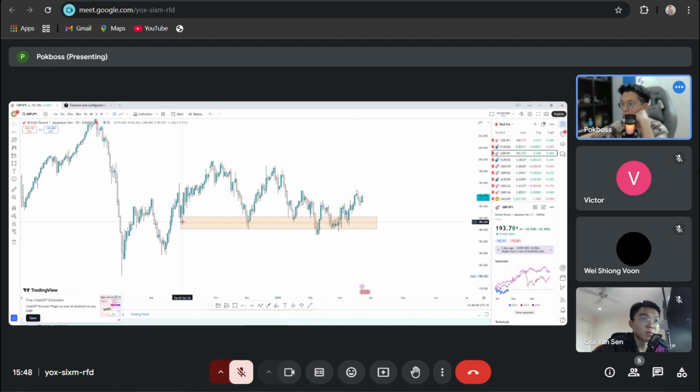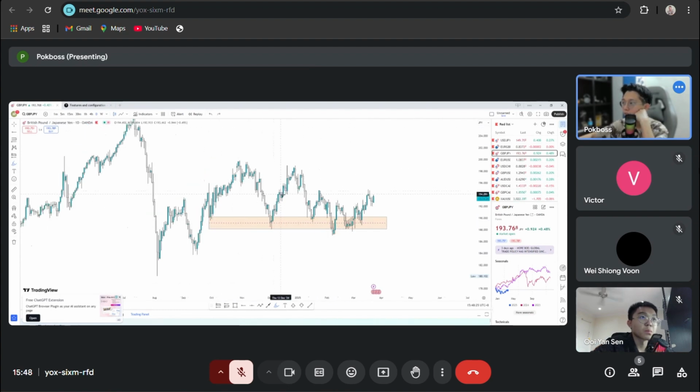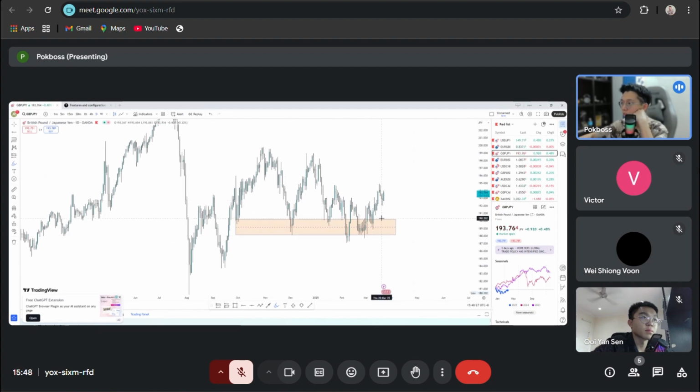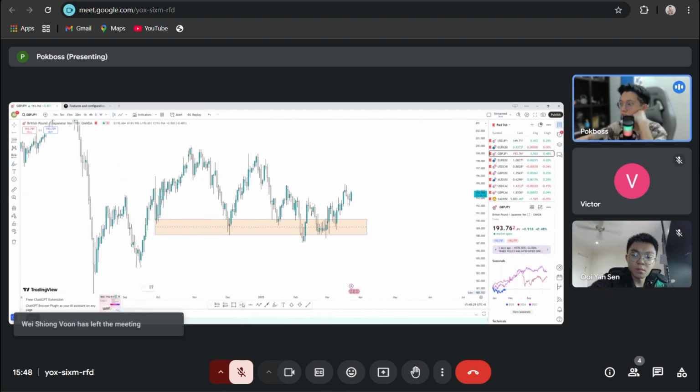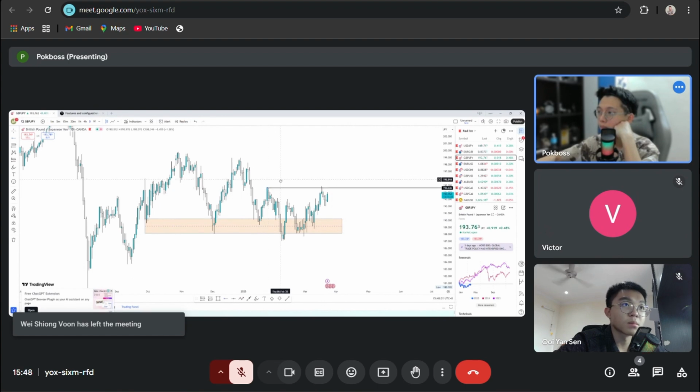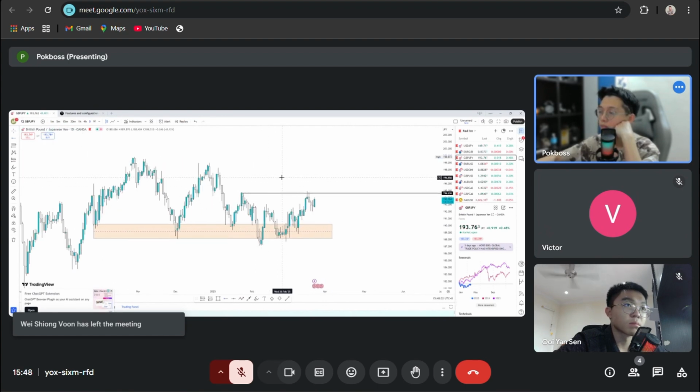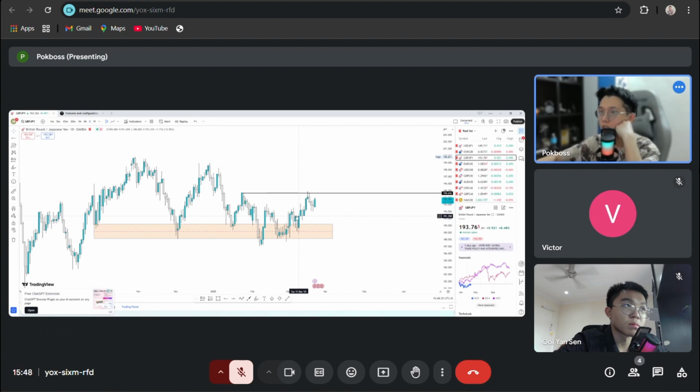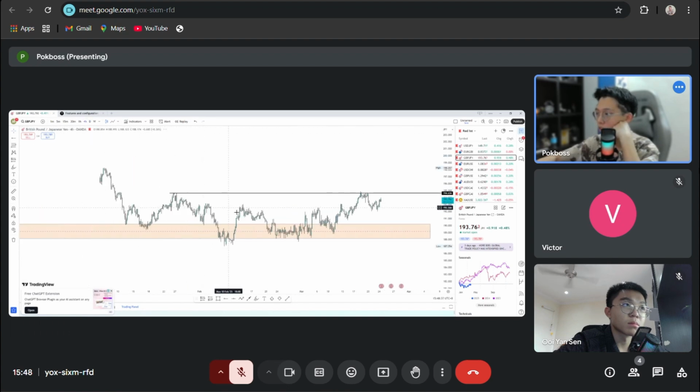You can see the first reaction, reaction, reaction. It's not a real breakout, just a false breakout. And with that, it's still reaction, reaction, reaction. Currently you can see that here is the supply level, and price is still choppy in this stage.